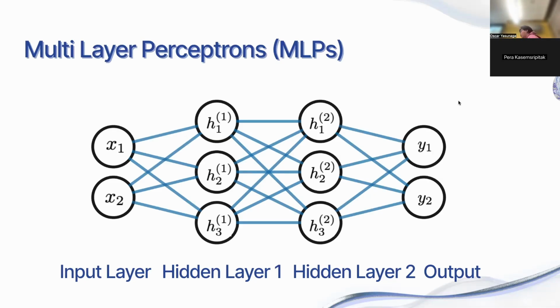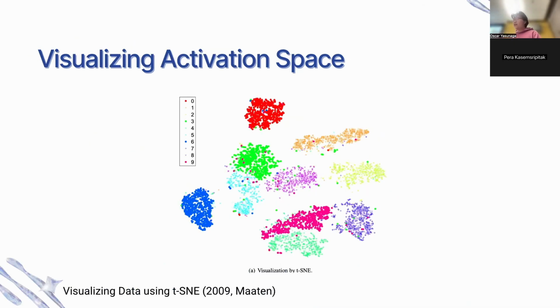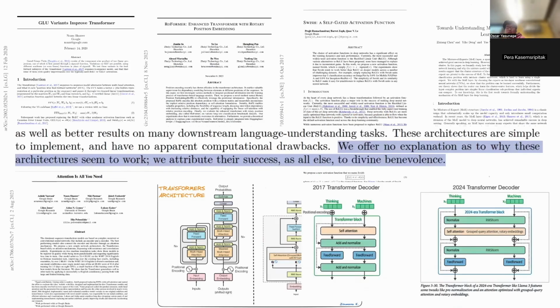And then we introduced MLPs. We were interested in representations, so we started caching activations and then plotted this activation space using t-SNE. One thing I would like to note is that all of these papers are related to the transformer, and developing an effective transformer.